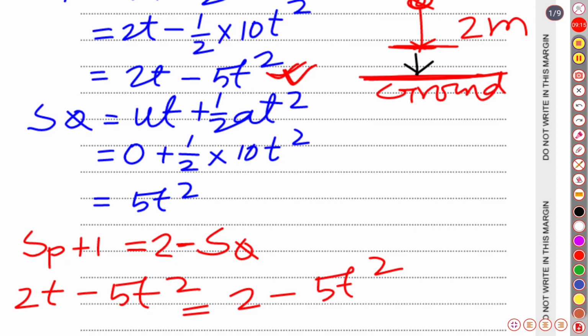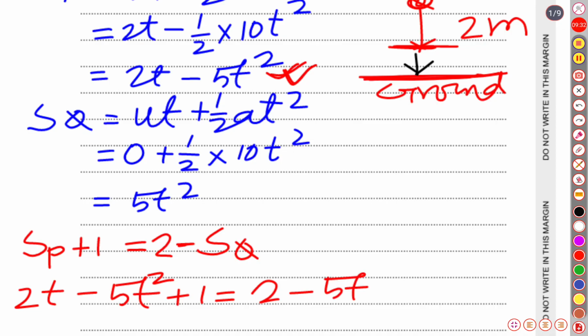Sorry, on the left side we skipped something, so let that be written. On the left side there should be 1 plus SP. On the right side, 2 minus SQ, which was 5t square.